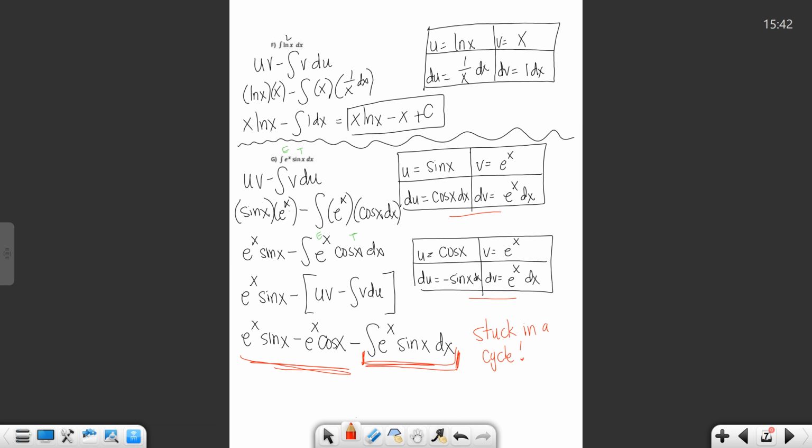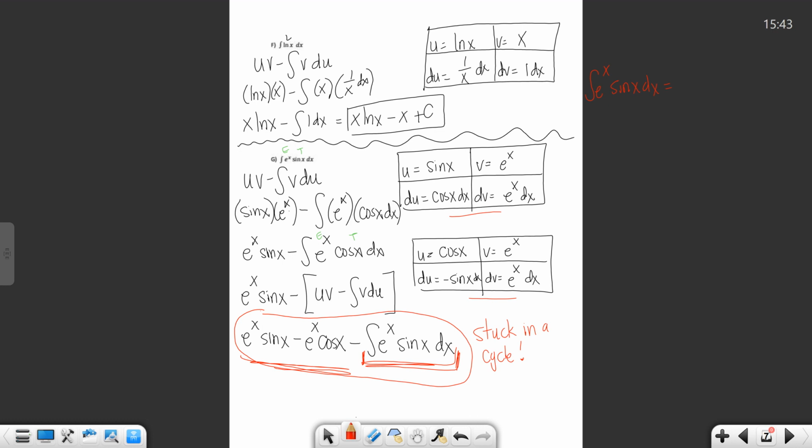Okay, so we've got original problem, integral e to the x sine x dx. And let's see what we've got it equal to. So I'm going to go with picking it up. That's equal to this whole thing right here.